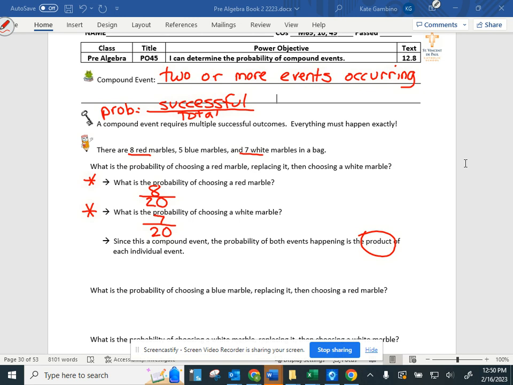The product means we multiply each individual event by each other. So the compound event is that 8 out of 20 times 7 out of 20. So you have to multiply that. Remember, when we multiply our fractions, we multiply across the top, multiply across the bottom.